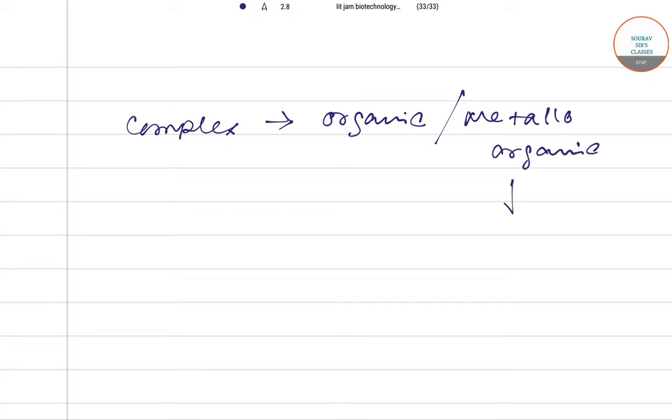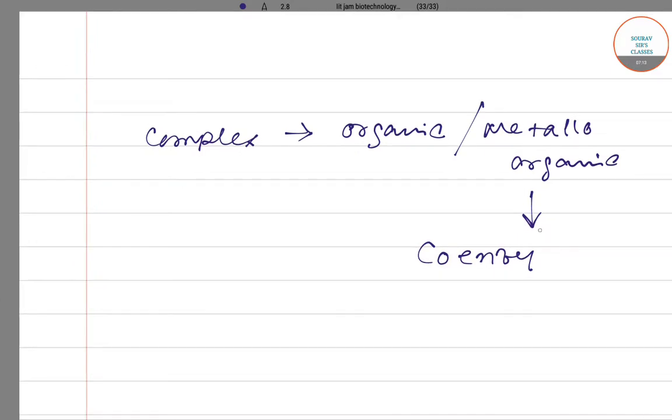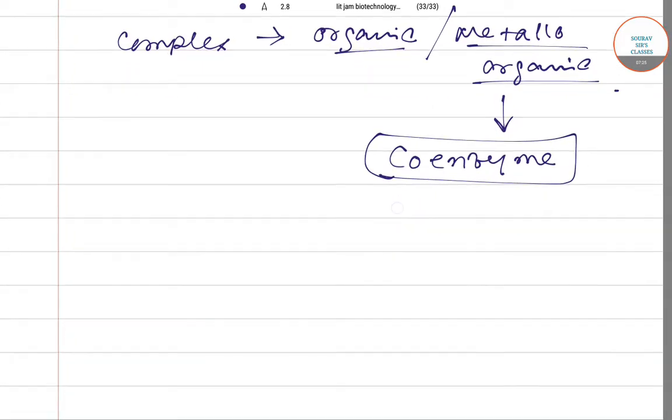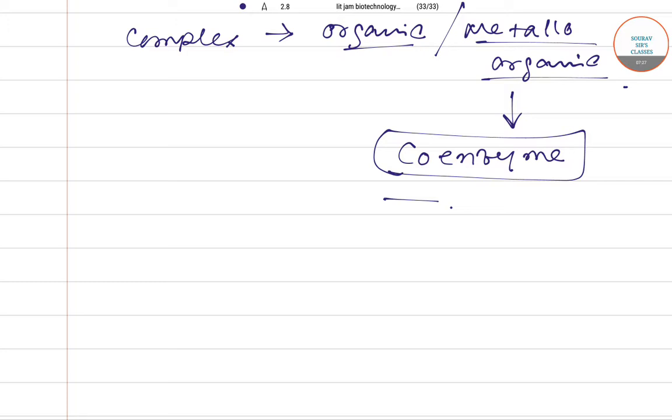So the non-protein part that is inorganic in nature is called a cofactor, and when it is an organic or metalloorganic complex, the non-protein part in the enzyme, that is called coenzyme, that helps the catalytic activity of an enzymatic reaction.